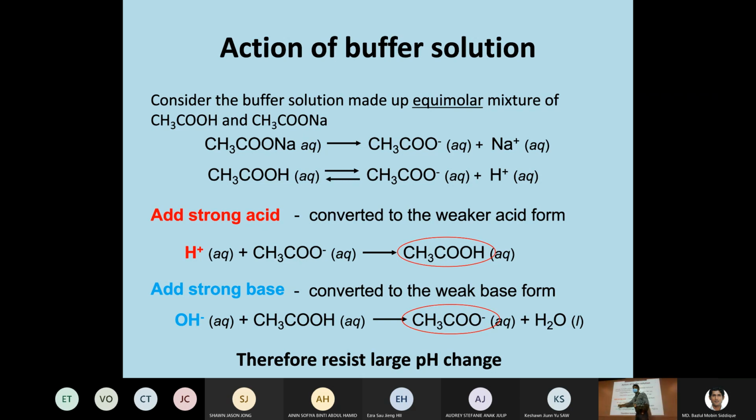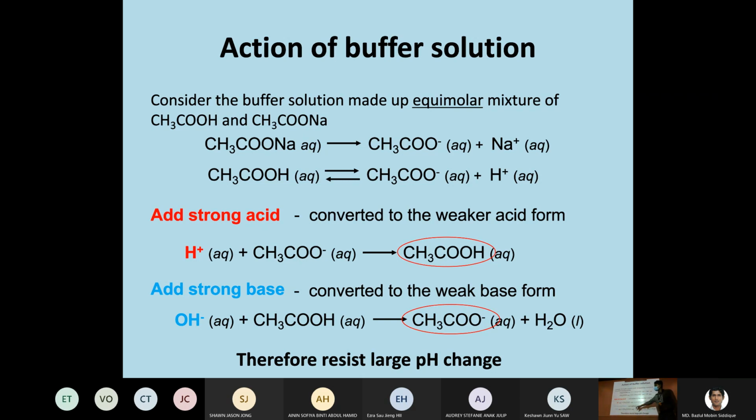Adding acid gives more acid. Sometimes it is confusing. I say, show the mechanism, and students show the acid producing base. No, it doesn't. When we are adding acid, it is producing more acid solution. The system is being forced that way, right?